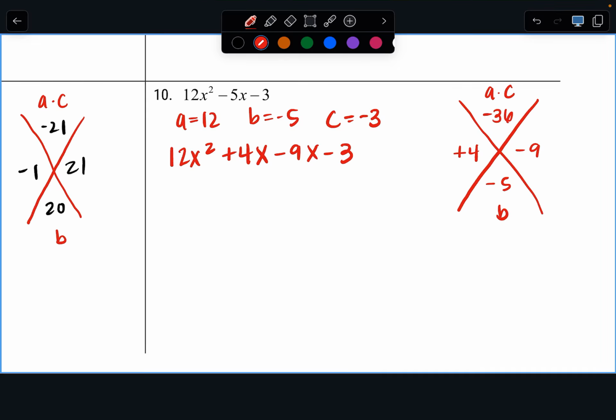That looks good, that's plus 1 because that is the greatest common factor. Correct. There should be an x there, and then you're close. You're almost done.